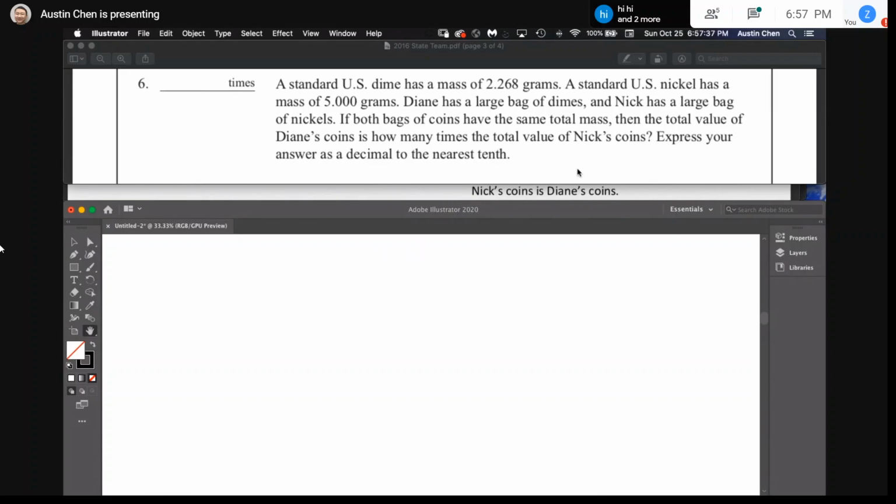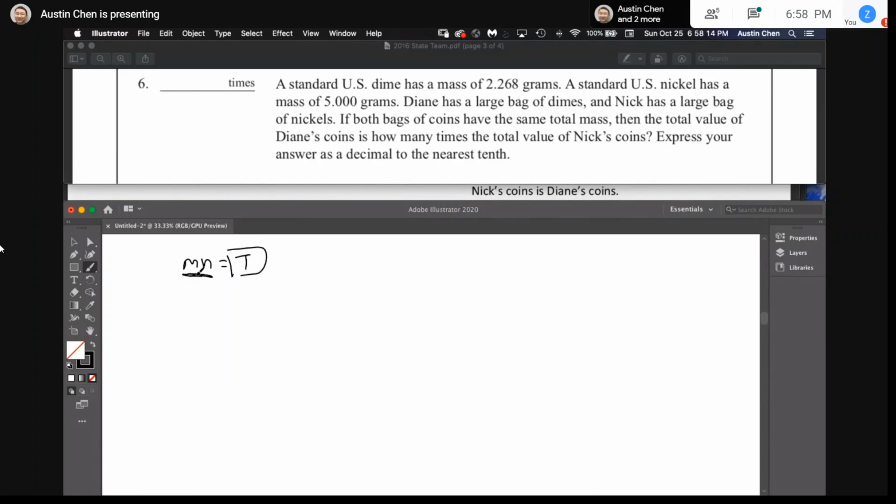All right. So we have a ratio of masses, right? And we're told that they weigh the same, right? So then the ratio of the number of dimes to nickels is just going to be this mass ratio flipped, right? Because essentially mass times your number is some total mass, and we're told that this total mass is equal, so it's constant.